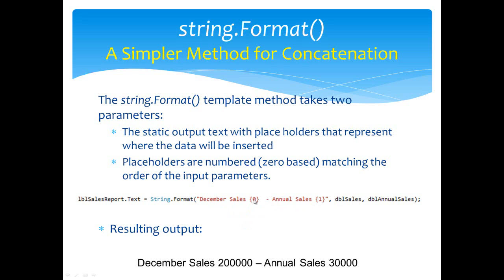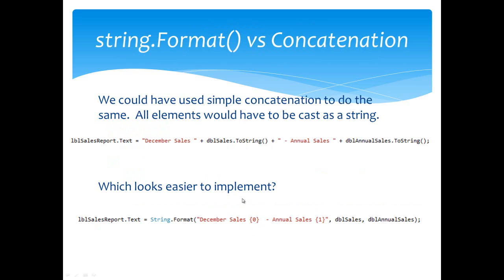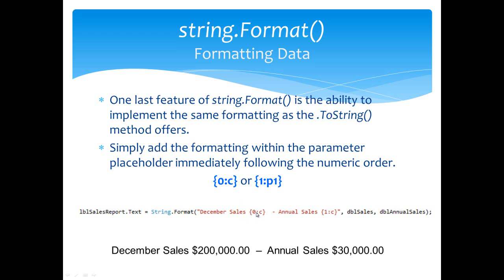Now, not only can I put the 0 and the 1 in, but if you look at this example, after the 0 I can put a colon, and I can now put the formatting in that I used in the ToString method before. So here it says put that first item, double sales, but format it as currency with 2 decimal places. Or this one says, and this is not a good example because it's certainly not a percent here, take item 1 and format it as a percent with 1 decimal place.